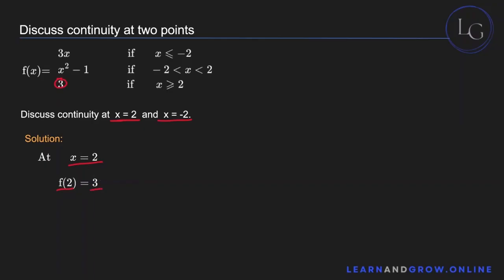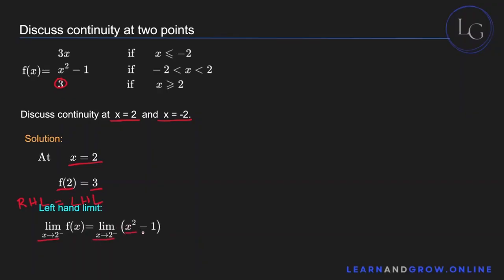Now let's discuss the left hand limit and the right hand limit. Remember, the rule is that continuity exists only if the right hand limit is equal to the left hand limit, right? So the limit of f of x as x approaches 2 from the left hand side is basically the limit of x squared minus 1 as x approaches 2.